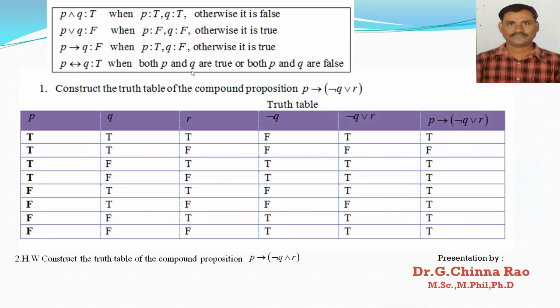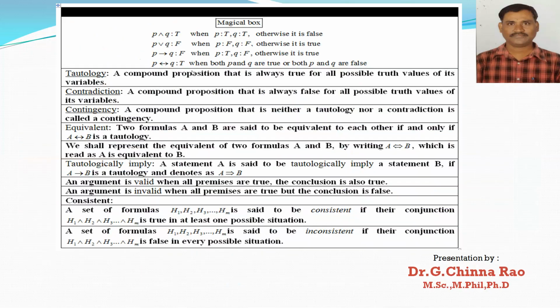As per the definition, a statement A is said to tautologically imply a statement B if A conditional B is a tautology, and it is denoted A implies B. When A conditional B is a tautology, then we say A tautologically implies B.